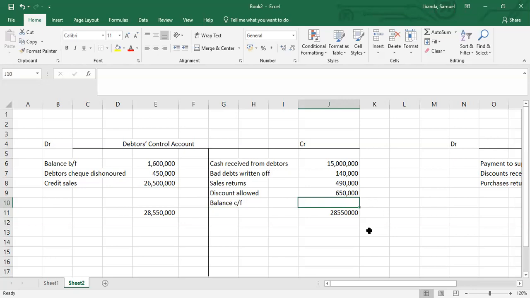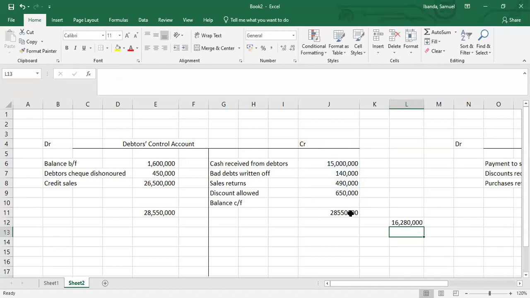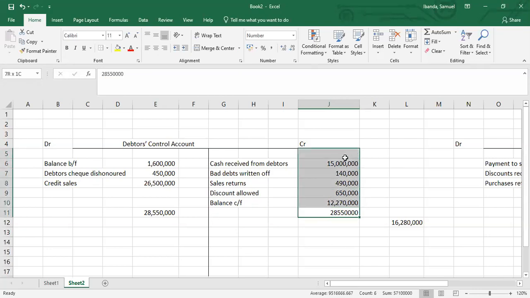This balance carried forward will be, I'll first get the summation of these things and then subtract it from this, 28 minus this, which gives me 12,270, okay? 12,270 is my balance carried forward there.